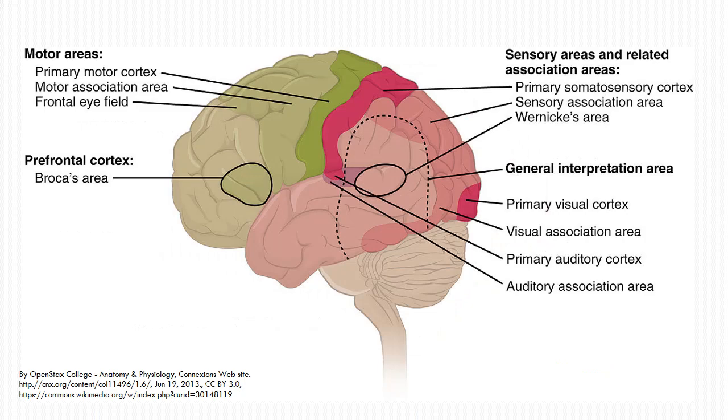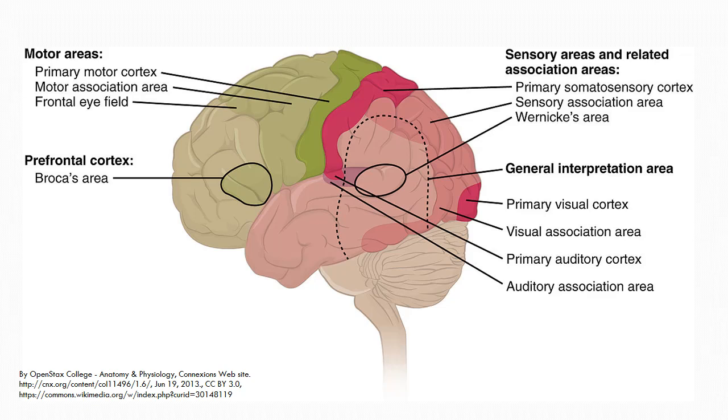This diagram shows the major functioning areas of the cerebrum, including the primary and association motor areas in the frontal lobe. Broca's area, circled in the prefrontal part, is associated with speech formation. Primary and association sensory areas in the parietal lobe. Wernicke's area is located at the end of the superior part of the left temporal lobe, and it is responsible for understanding written and spoken language.